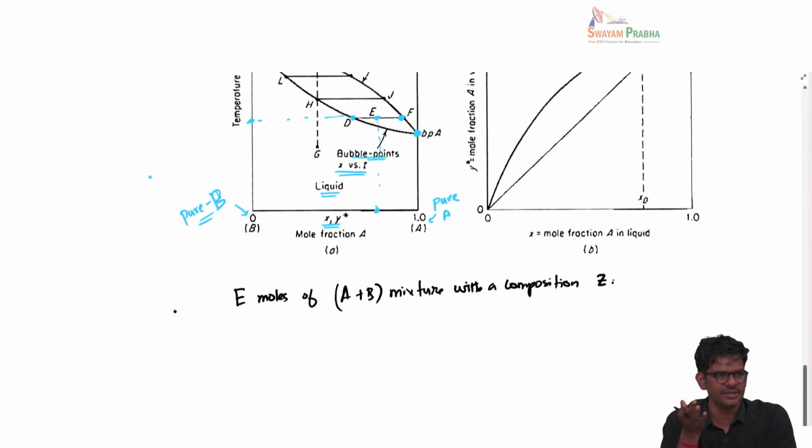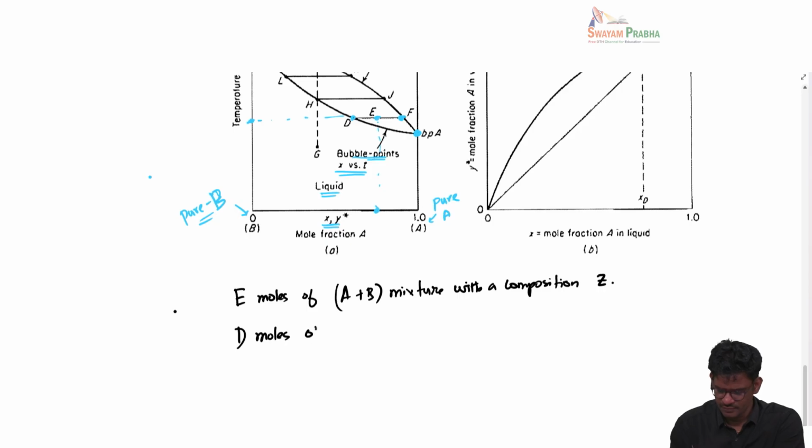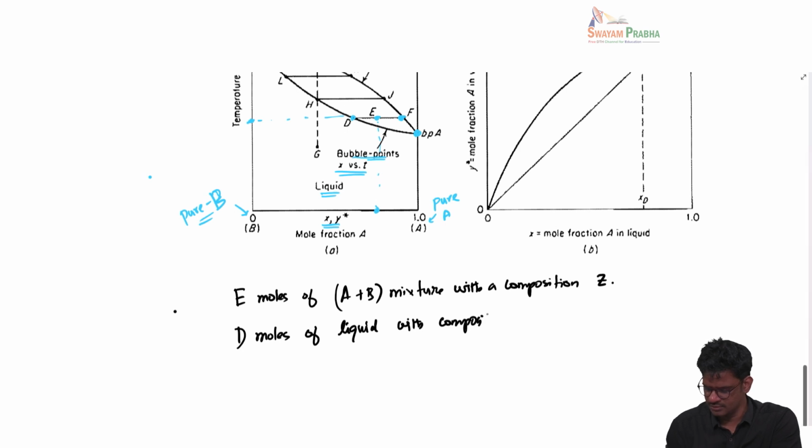This is something you can experimentally prepare. You decide a temperature, you decide the composition corresponding to Z, and that will be your point E. Now, once you let it equilibrate, it will phase separate into two phases, and both phases will have different moles and different compositions. Let's say that you have D moles of liquid with composition X, so that would be just here.